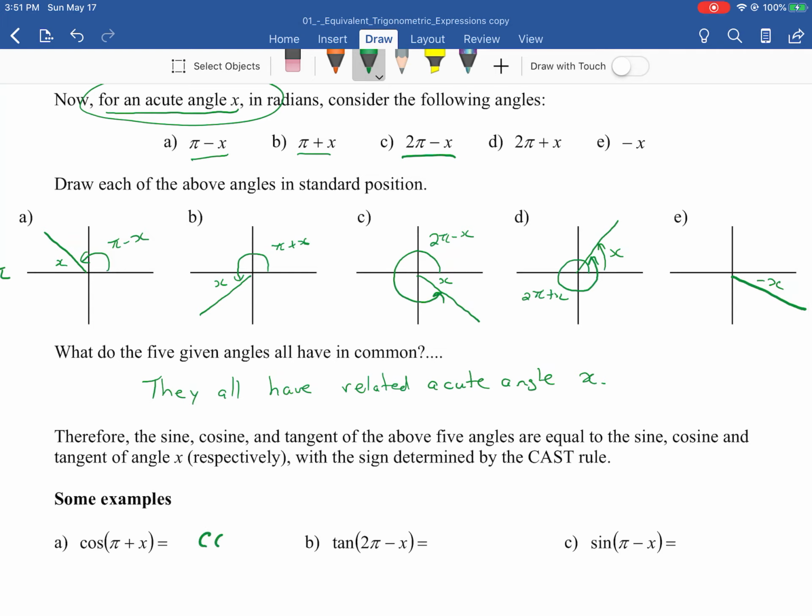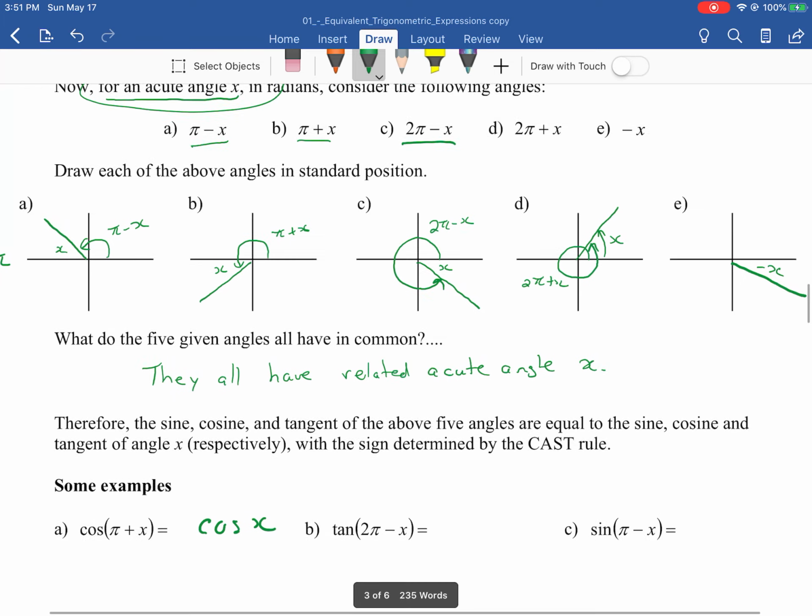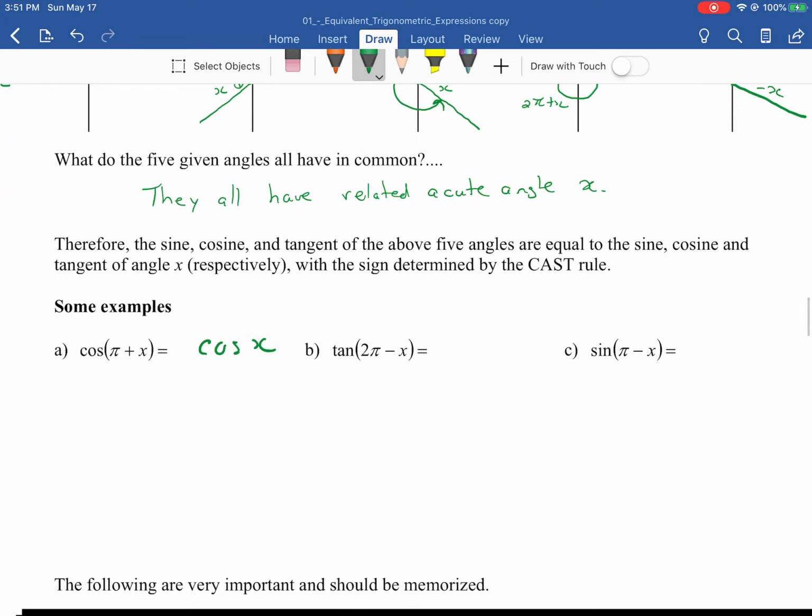Like, for instance, cos of pi plus x is the same as cos of x. Those two things come out to be the same because they'll have the same related acute angle. Once they have a pi involved, they're always going to come back to just x. So cosine of x. Now, the only question is, did it switch from positive to negative? Now I'm going to draw the diagram here to get the rest of the answer.